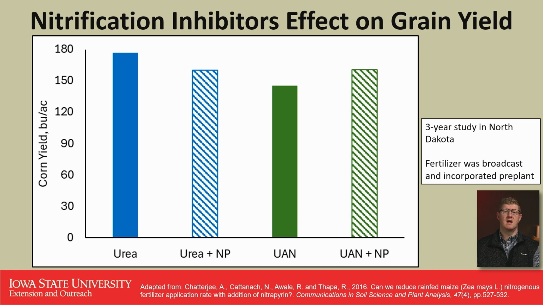And when you look at maybe what was the difference in yields numerically, right? If you want to say, I don't care about statistics, just tell me what the numbers are. When you look numerically at what the differences in yields were in this case, it's possible that they were enough to maybe cover the cost of the product. But again, it depends on the cost of the actual product and the fertilizer itself.